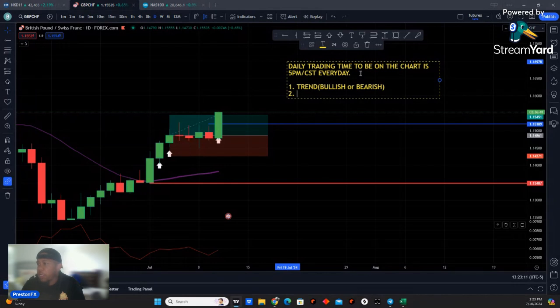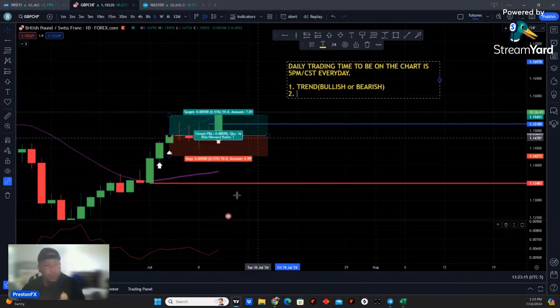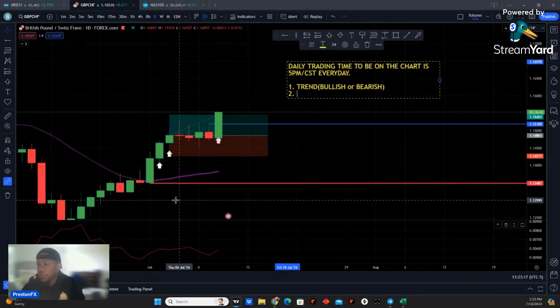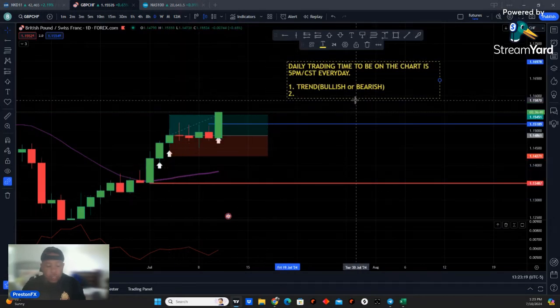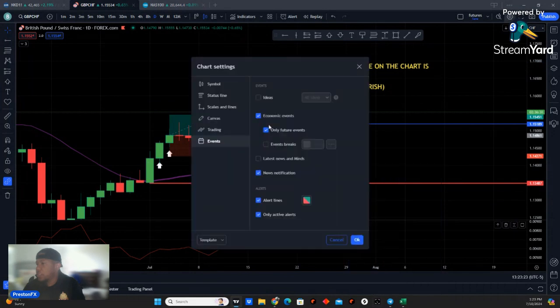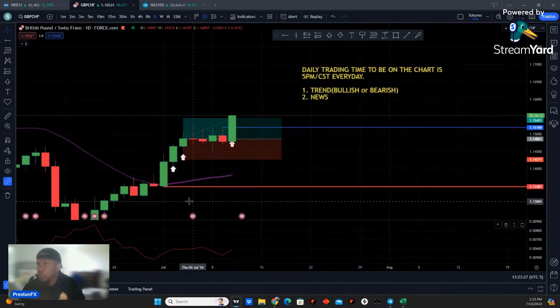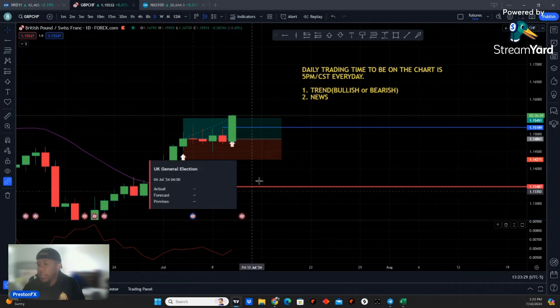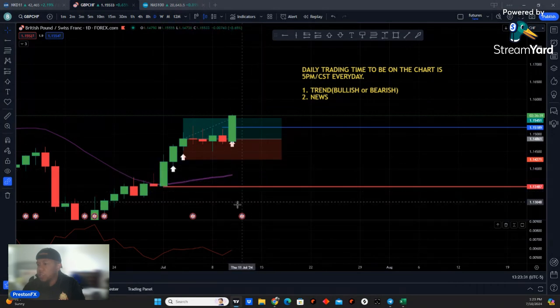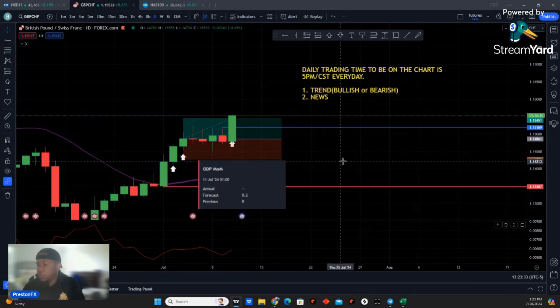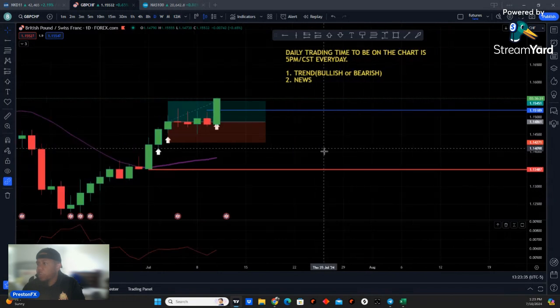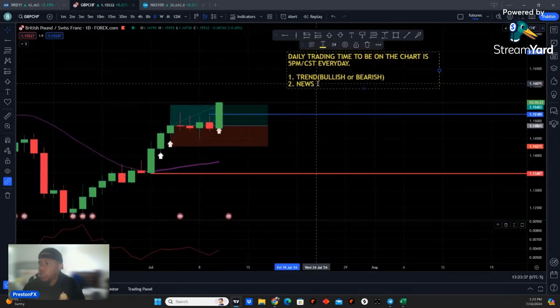And what I do from here, simple, I'm trying to make it as simple as possible. I also look at the news. Potentially, let's go over here and see. See, there was news that came out right here, and there's no news really right here, but there's some news tomorrow. So pretty much look at the news to see what's going on.